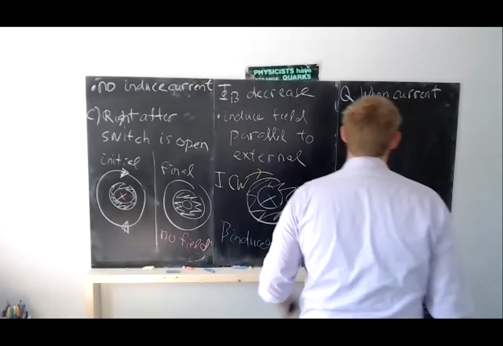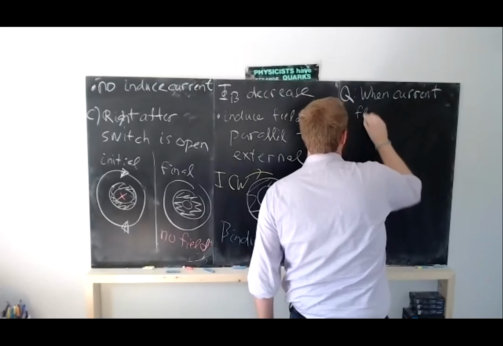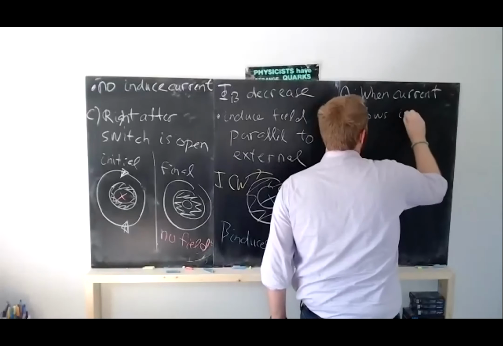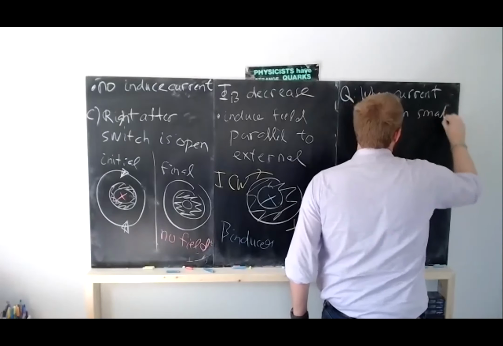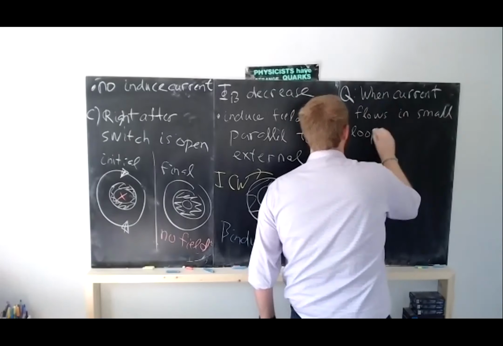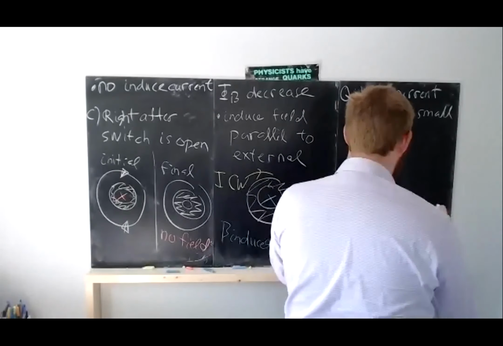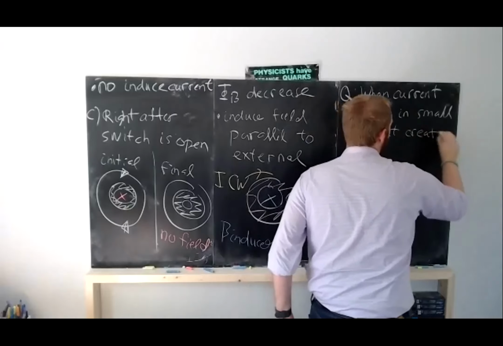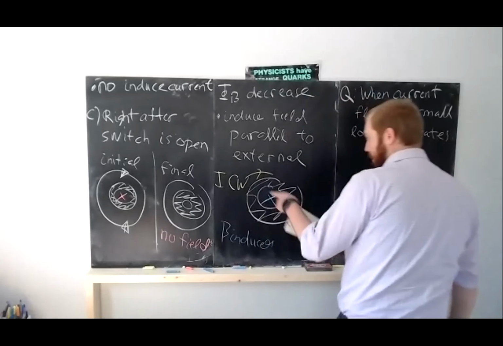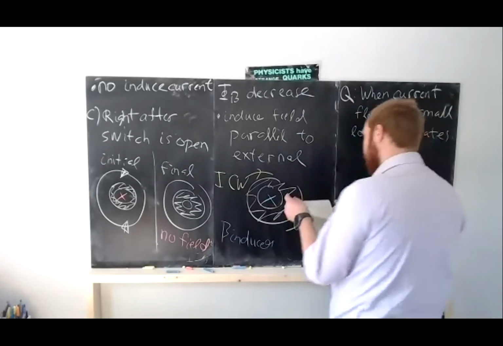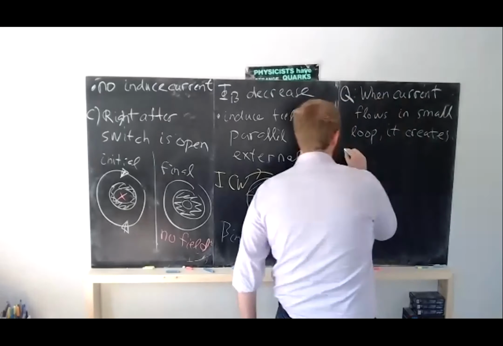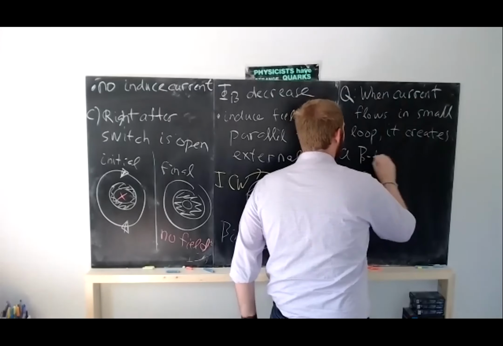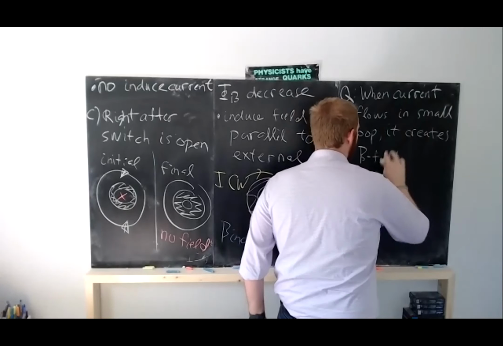When current flows in the small loop, it creates a magnetic field, a B field.